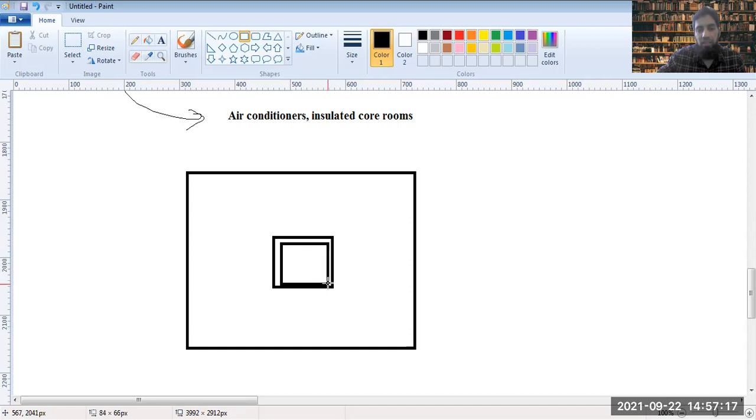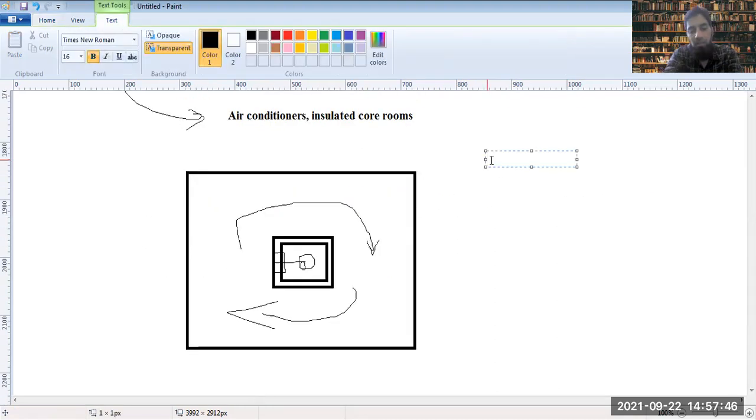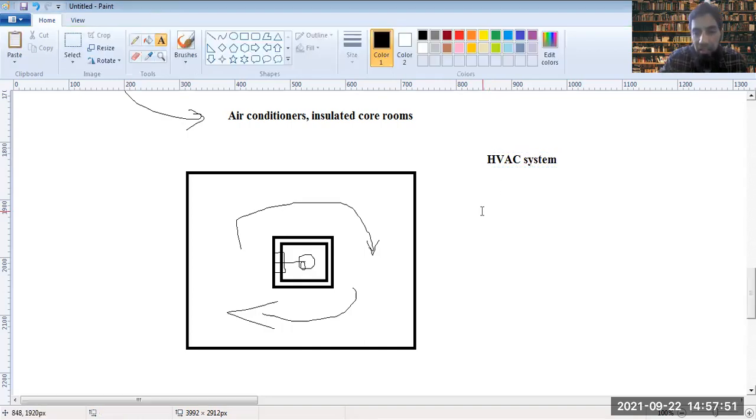This is insulated here, and you could place an air conditioner somewhere here, and all that will go through the shaft of this to the outside, and all the fresh air will be circulated through this assembly, through this air conditioner from that shaft. So that's a principle even used in the HVAC system, where you have the air conditioning facility, the ventilation air conditioning facility.